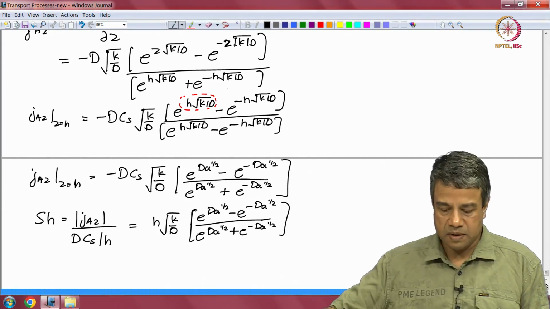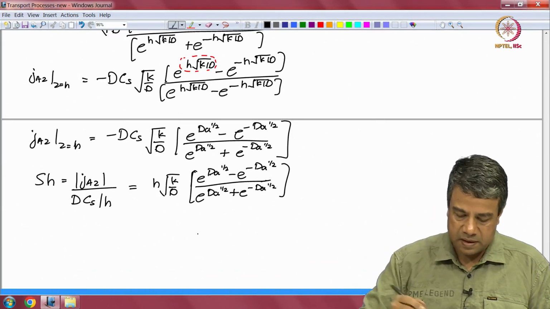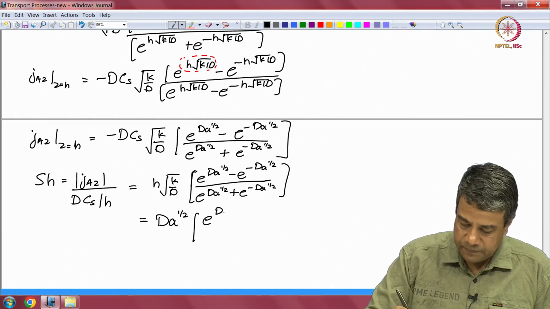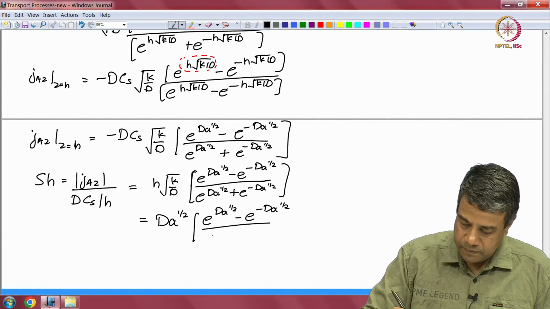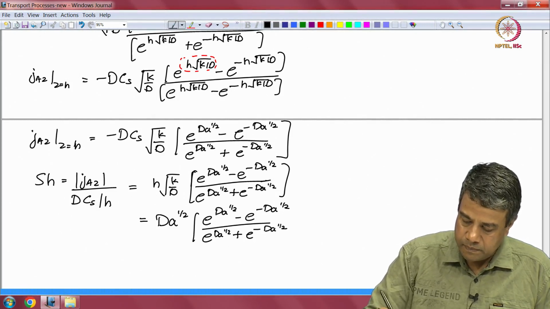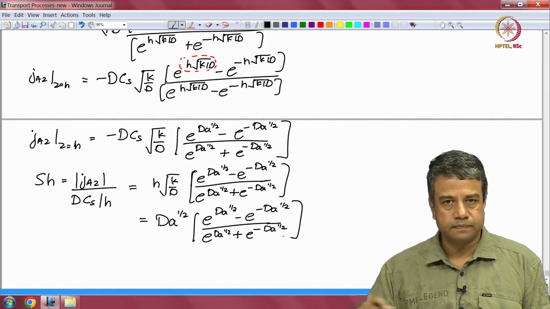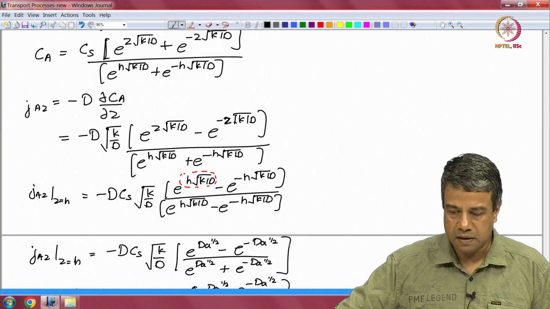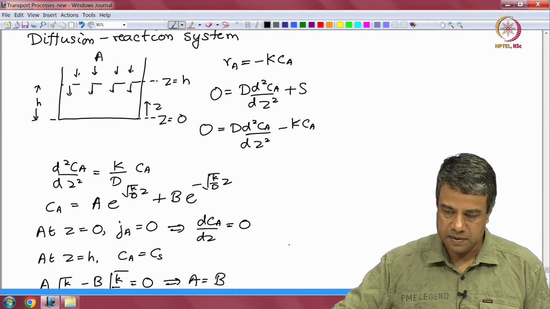So, this is the Sherwood number correlation for this particular case, and the prefactor here is actually Damkohler number power half. So, this is the final expression I get for the Sherwood number correlation. Let me just write that here.